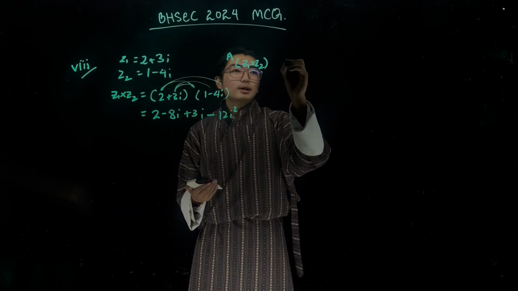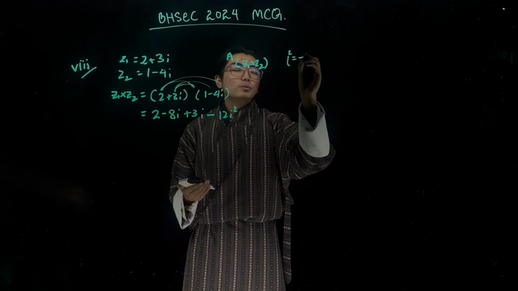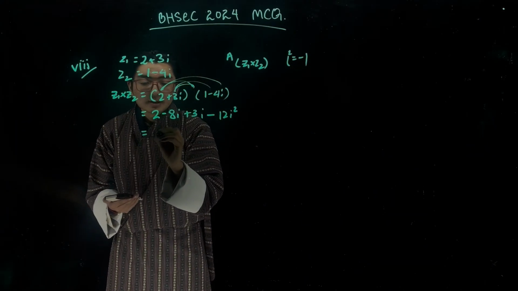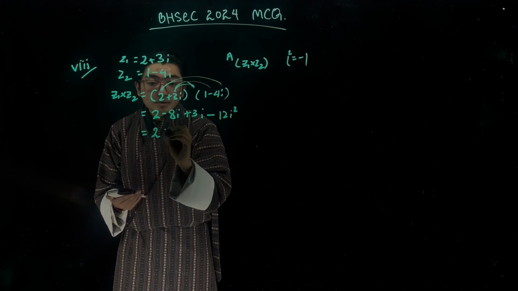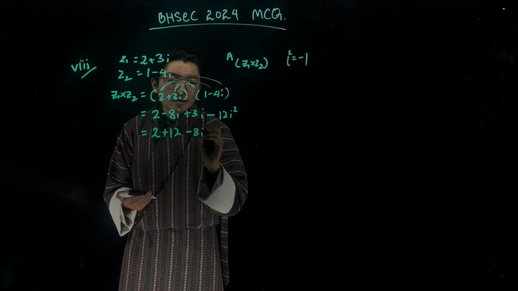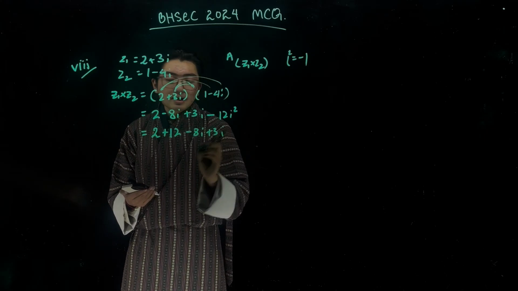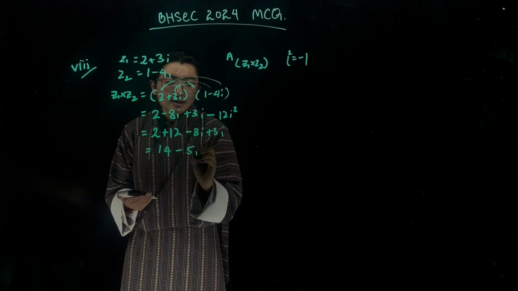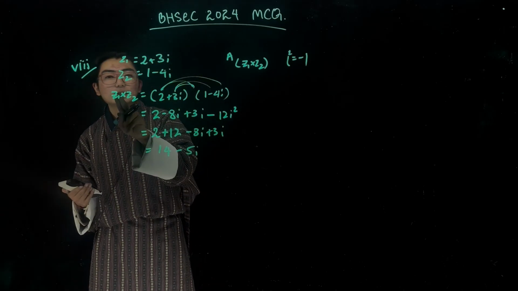And since we know that i squared is -1, we can substitute -1 here. So the equation will be like 2 plus 12 minus 8i plus 3i, and we get 14 minus 5i as the complex number for z1 times z2.